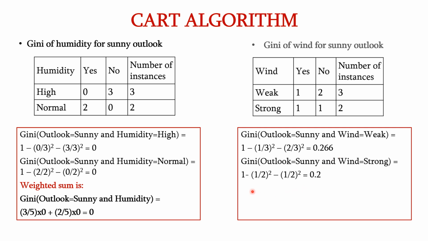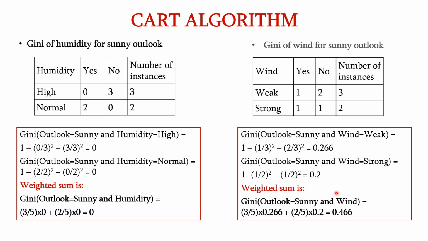For strong it is 1 minus, for yes 1 by 2 whole square, for no 1 by 2 whole square, and the final value is 0.5. For the weighted sum we consider the total number of instances for weak, that is 3, divided by the total number of instances of sunny outlook, 5, into the Gini index for weak, 0.266, plus for strong it is 2 divided by 5 into the value calculated, and the value for the weighted sum is 0.466.